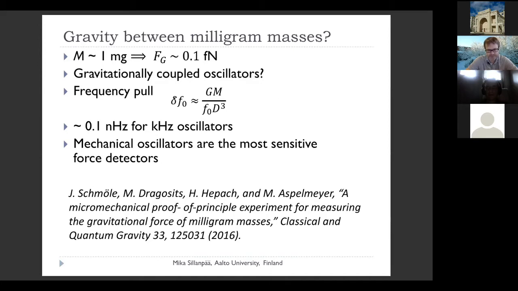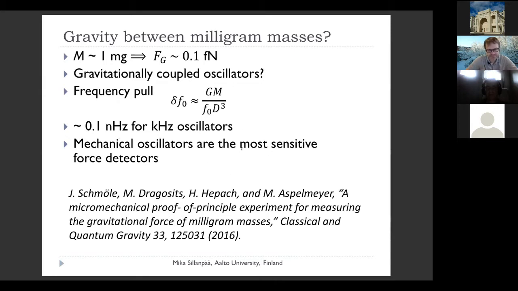But then you work out the numbers. There will be this gravitational coupling energy, this delta F0, and it depends pretty strongly on the distance, and on 1 over frequency. If you work out numbers for something like 1 kilohertz oscillators, 1 round of energy swapping would take a couple of 100 years, so no go.